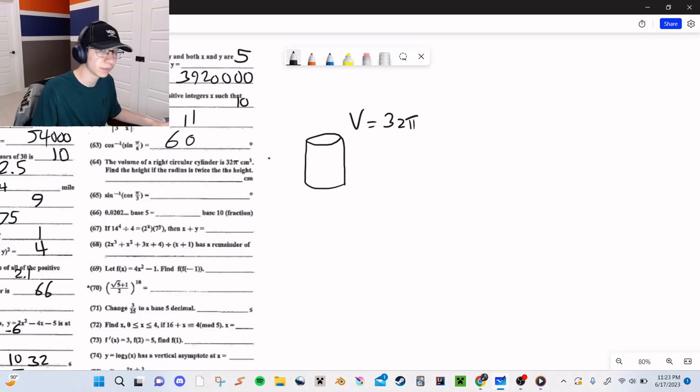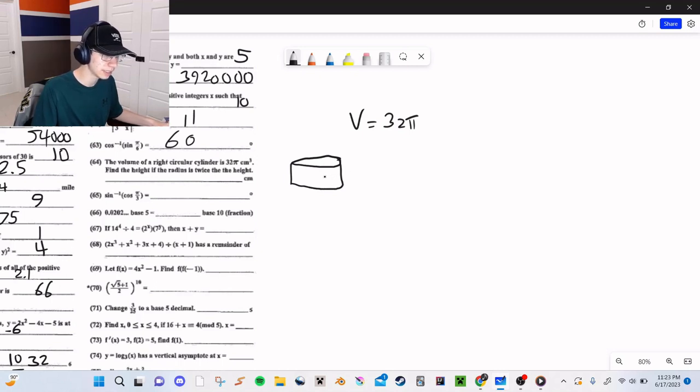Find the height if the radius is twice the height. Okay, so maybe that's not the most accurate drawing. Not that the drawing matters, but I think it looks nice to have a drawing.